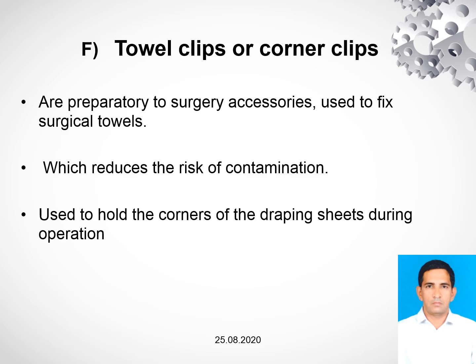The basic towel clamp design includes locking handles and a tip which may be curved or pointed and may have teeth for traction. To use the towel clamp, someone opens the clamp, positions it where it is needed, and closes it again.